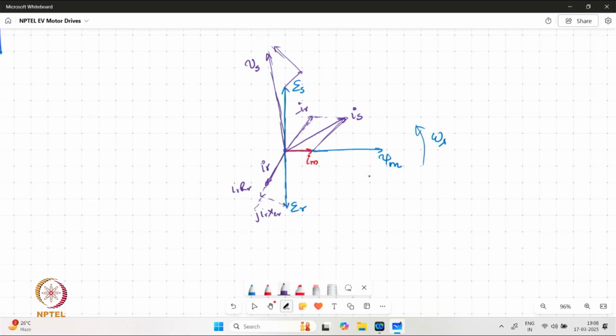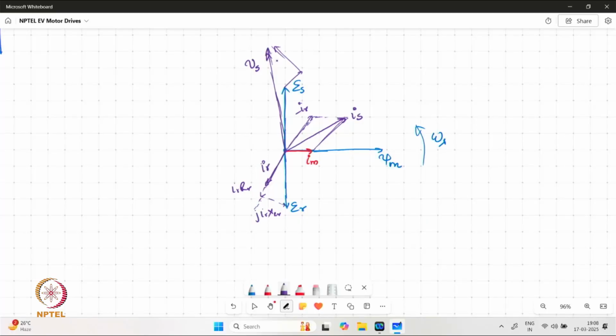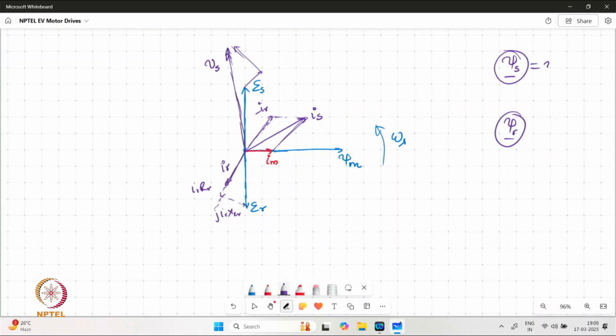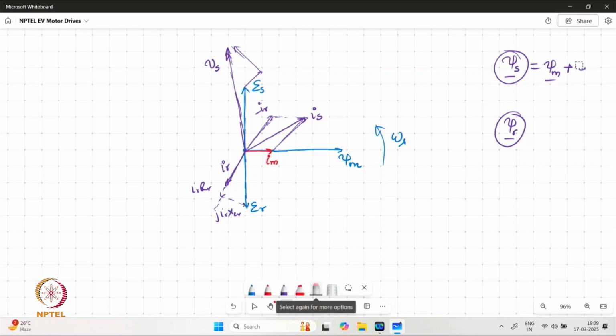Now, this is what we have done in the previous classes. Going ahead, we need to understand where the stator flux and rotor flux are going to appear. So we understand that psi s is the sum of psi m plus LLS times IS, and psi r is the sum of psi m plus LLR times IR.